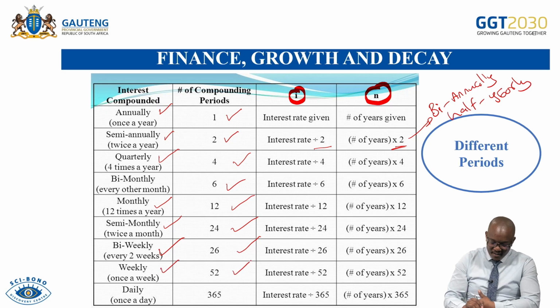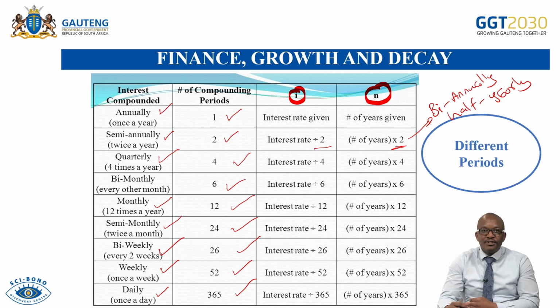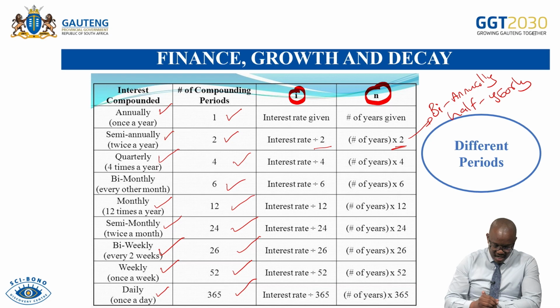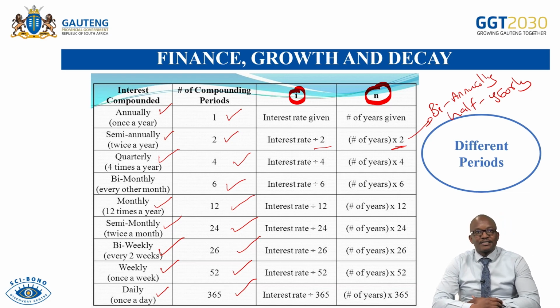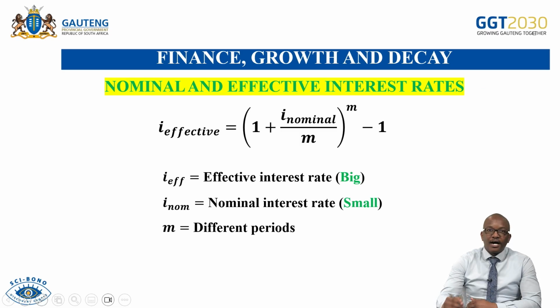We have 52 weeks in a year, and then daily we're using 365. And remember, we exclude the leap year on that one, correct? So that's how you should remember the terms of different periods on how your interest will be charged. So in us understanding this table, then now we can move forward.